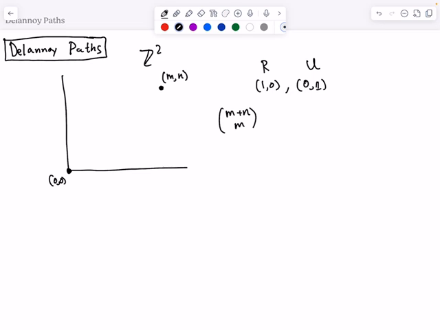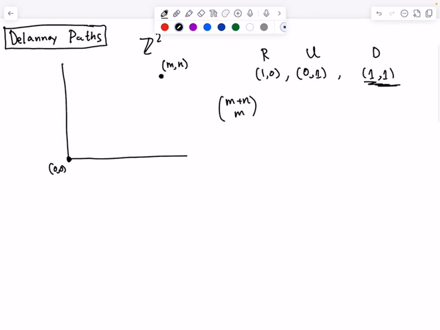However, with the Delannoy path, we add a new rule, which allows us to take a diagonal step in the direction (1, 1). And the question is, how many such paths are there from (0, 0) to (m, n) given this new rule? We're going to denote the number of such paths as D(m, n), and our goal is to find an expression for it.